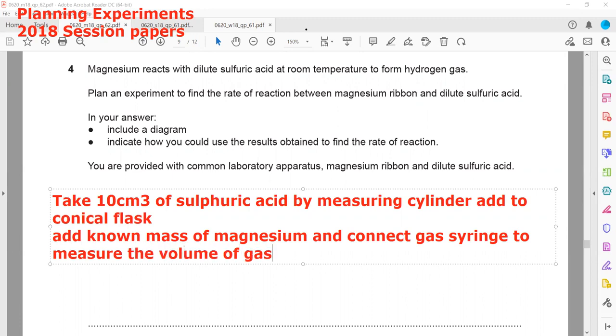volume of gas, for example, at 30-second intervals for 3 minutes.